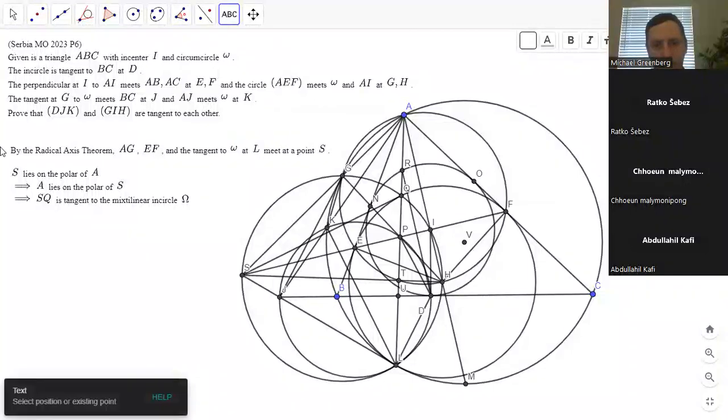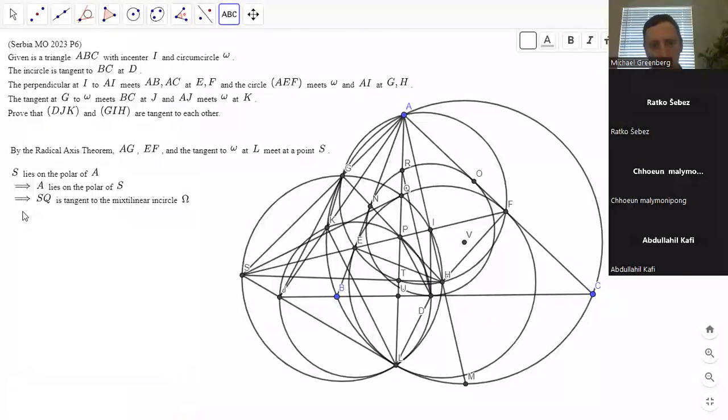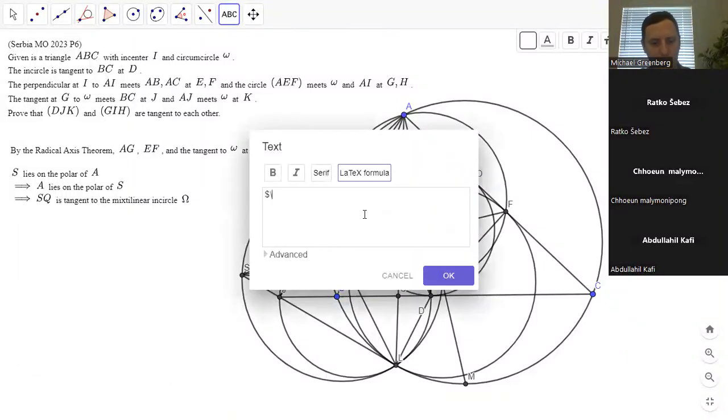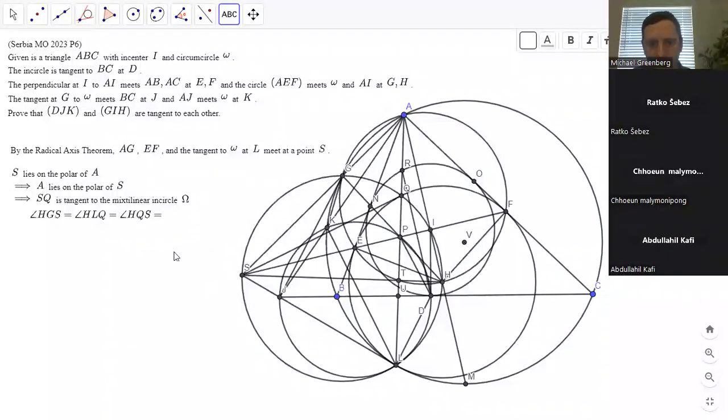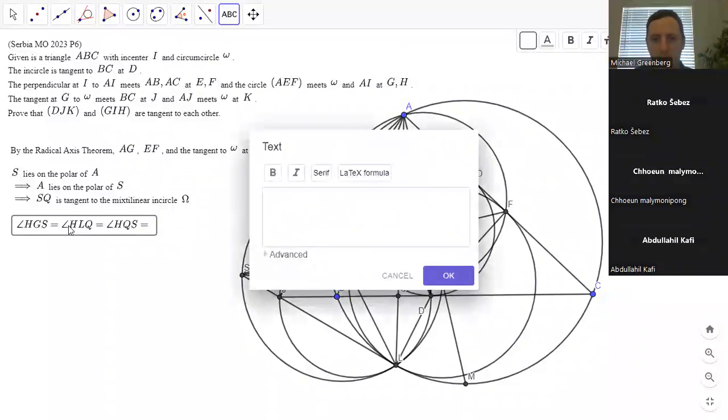So I'm just going to write this out. Angle HGS equals HLS, is equal to angle HIS, equals 90.